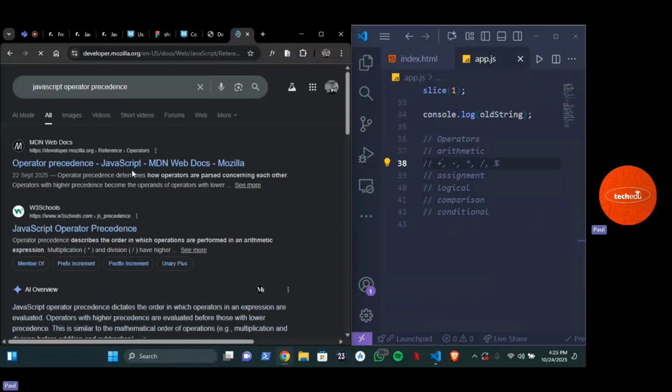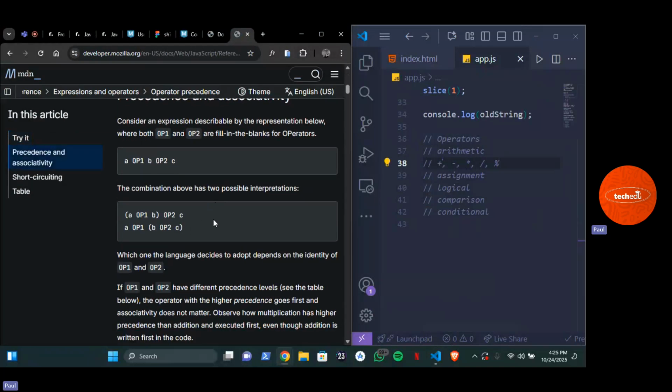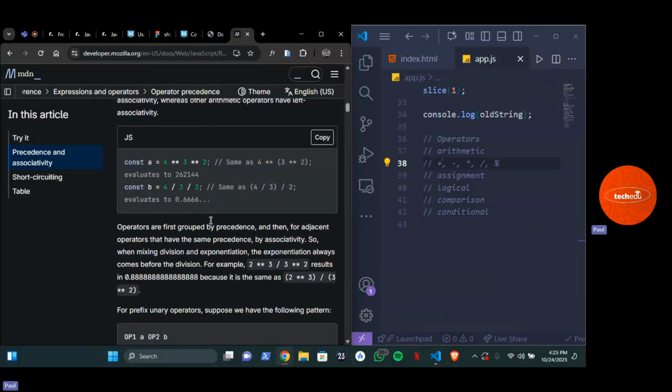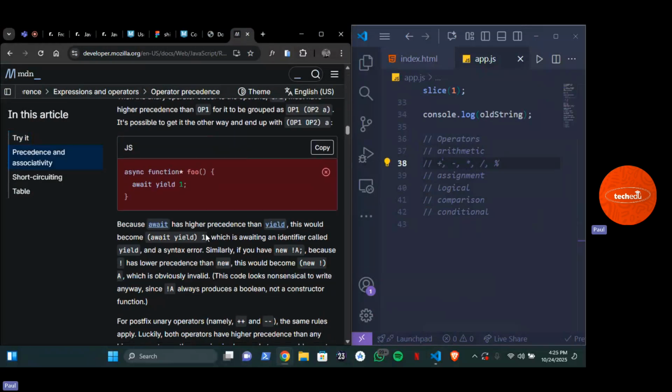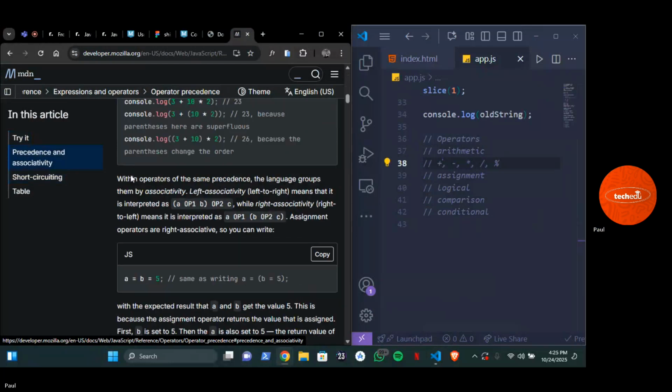You can check it out and see which one comes first and which one comes last. It's not compulsory, but it's very important that you know it. So you definitely have precedence.